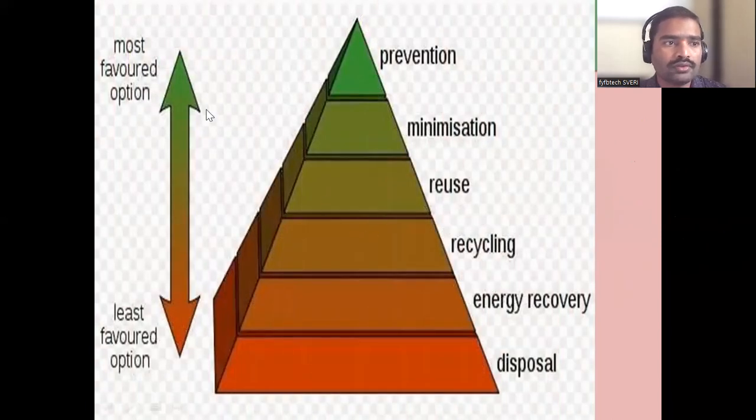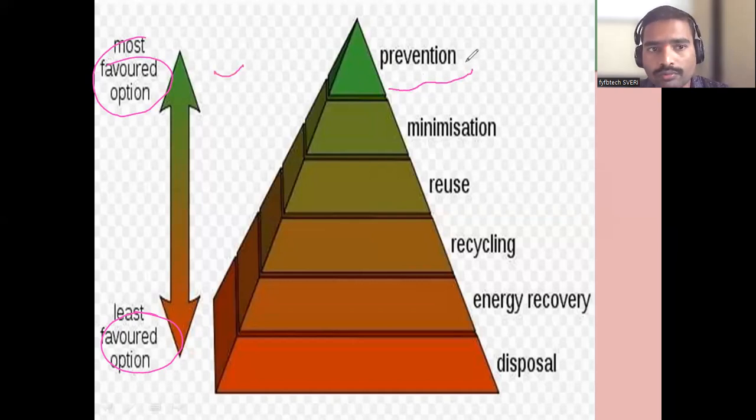Now, the most favored option and the least favored option. The most favored option is prevention. We should prevent waste formation. Whatever waste is generated, we should try to prevent it. If it is not possible to prevent, we should generate it in minimal quantity.